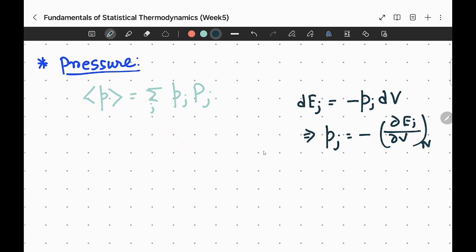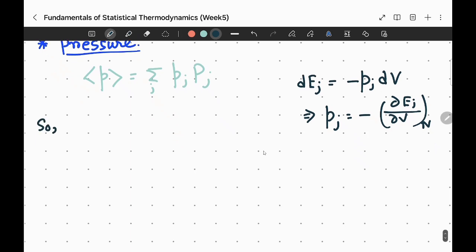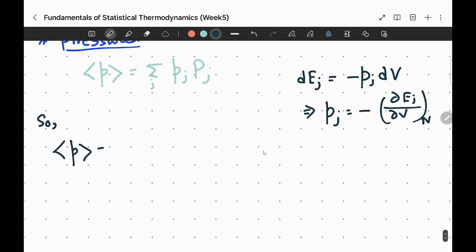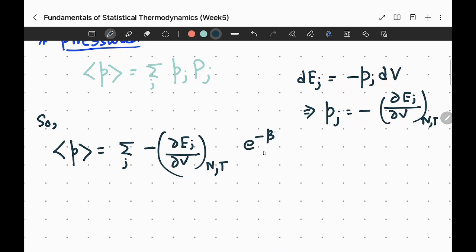So this is the definition of Pj. So now P average will be sum over minus del Ej by del V at constant volume, number and temperature, and capital Pj is e to the power minus beta Ej divided by Q.